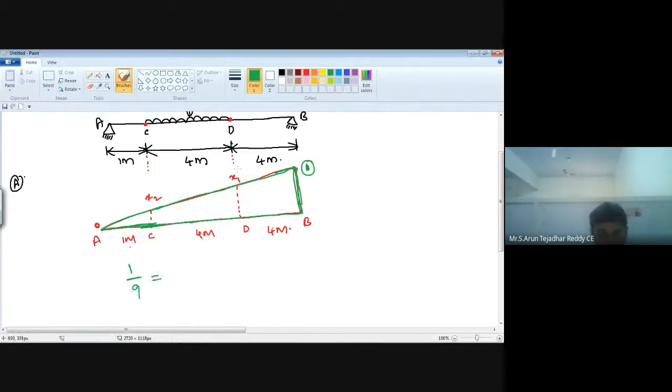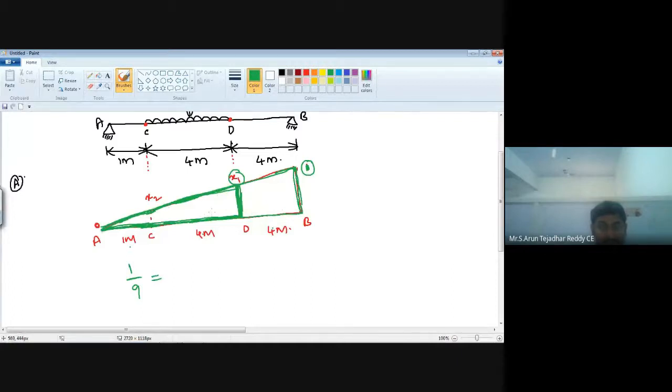Now first of all, I need the x1 value. So up to here make one triangle, in thick color.